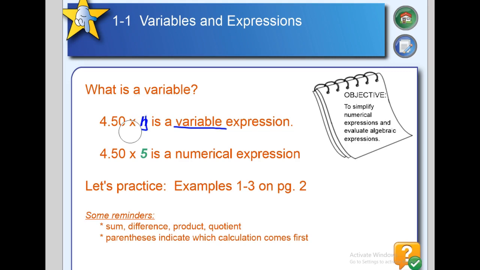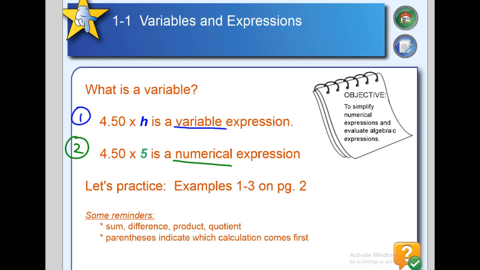Then we could have numerical expressions, and numerical expressions contain only numbers. So we've got to be able to go through and practice these expressions. If you look at your book, we're on page 2.